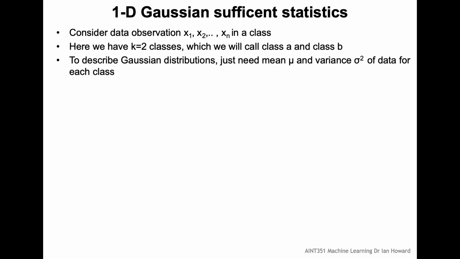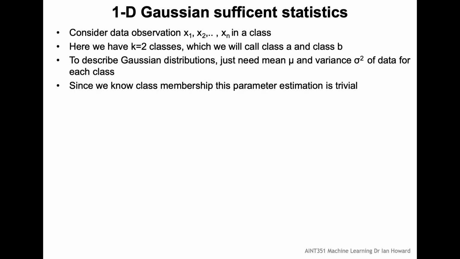If we've got a Gaussian distribution, in order to represent that, we need what is known as the sufficient statistics for that distribution, and in this case we just need to know the mean and the variance in order to represent this distribution. And we need to do that for both classes.